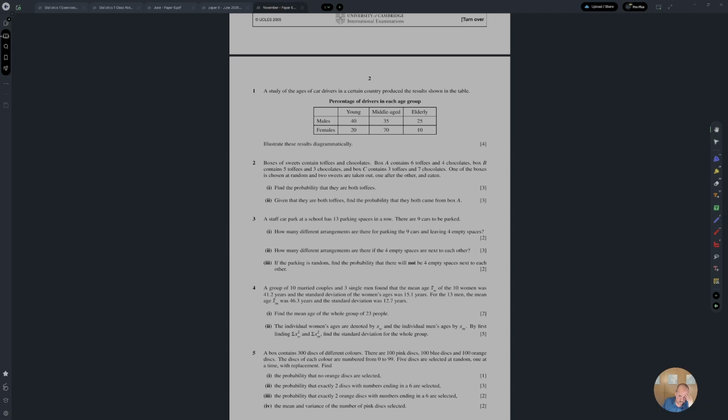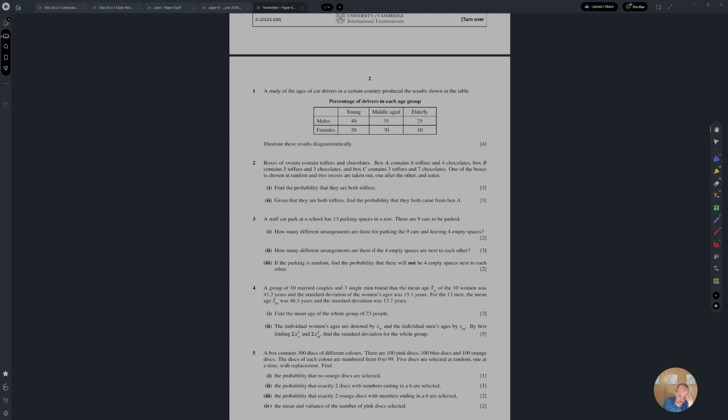Box B contains 5 toffees and 3 chocolates. And box C contains 3 toffees and 7 chocolates. One of the boxes is chosen at random, and 2 sweets are taken out, one after the other, and eaten. Find the probability that they are both toffees, and then, given that they are both toffees, find the probability that they both came from box A.